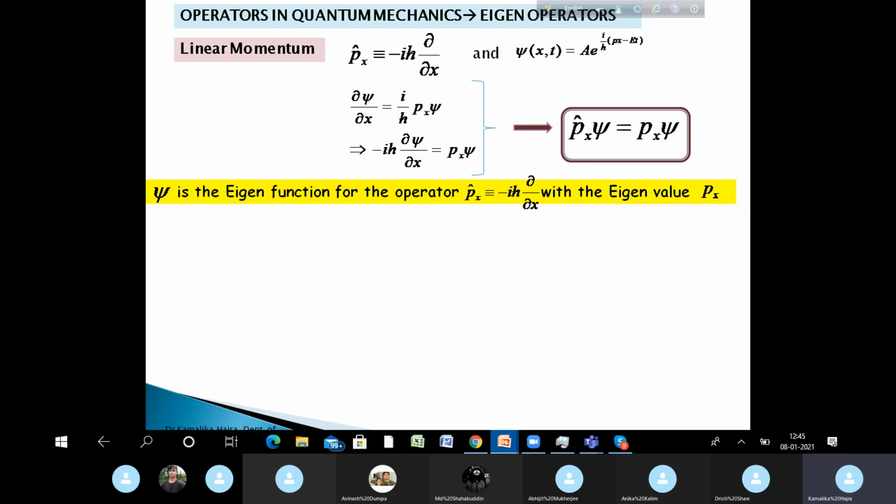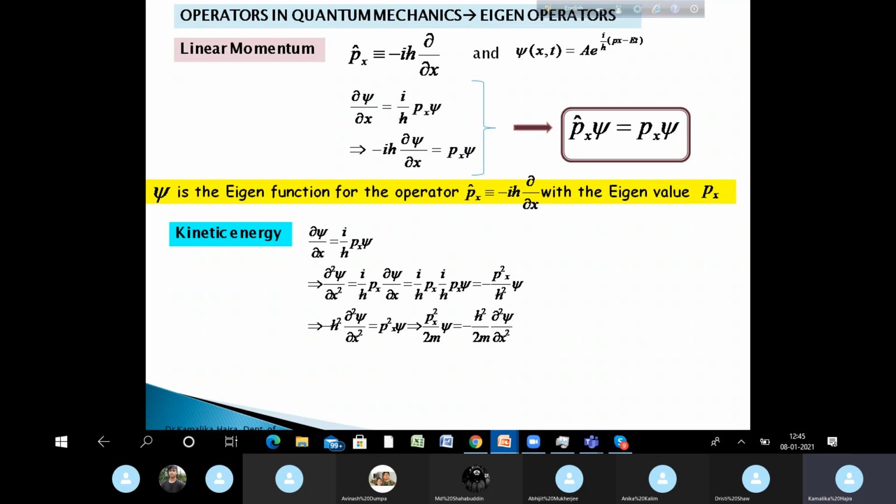This is how it reads. Psi is the eigenfunction for the operator Px hat equal to minus i h cut del del x with the eigenvalue Px. Okay. Kinetic energy. We've got del del x. Now you take the second derivative, del 2 psi del x2, and this is what we get.